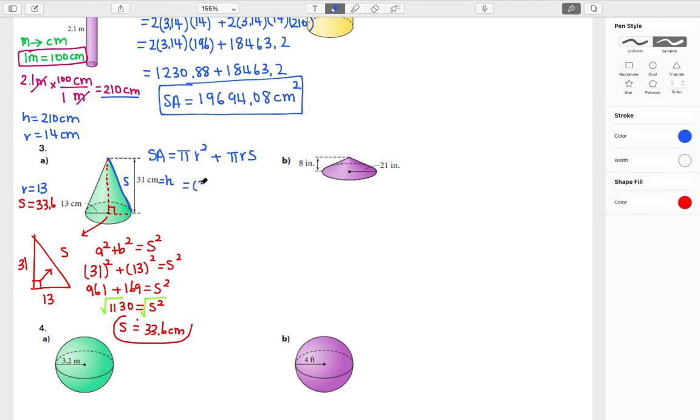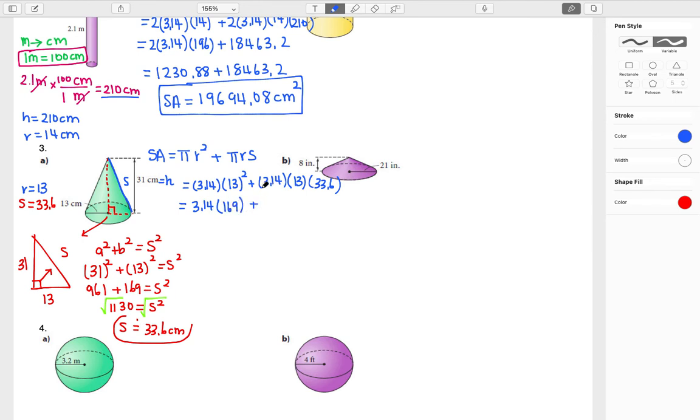So pi is 3.14 times radius is 13 squared plus pi 3.14 times radius is 13 and slant height is 33.6. Now, so 3.14 times 13 times 13 will give me 169.